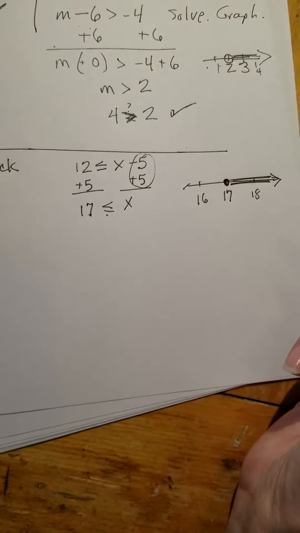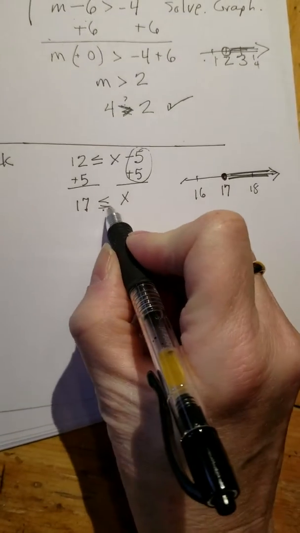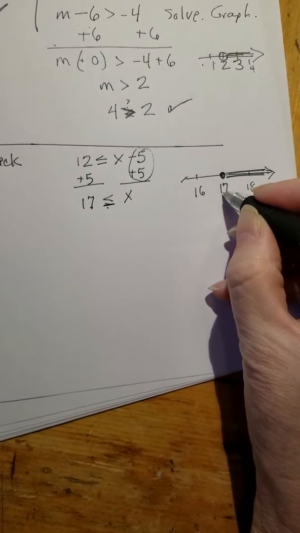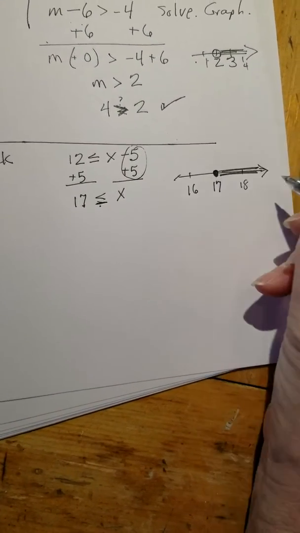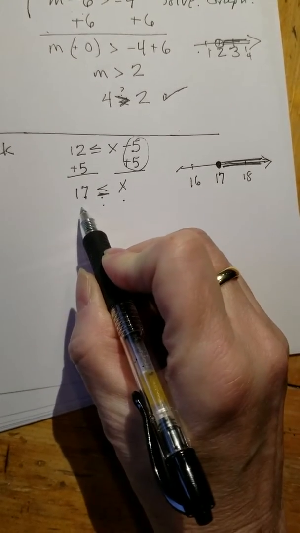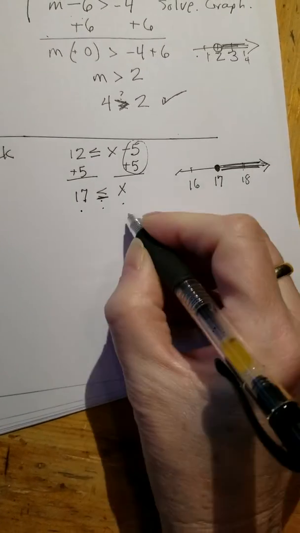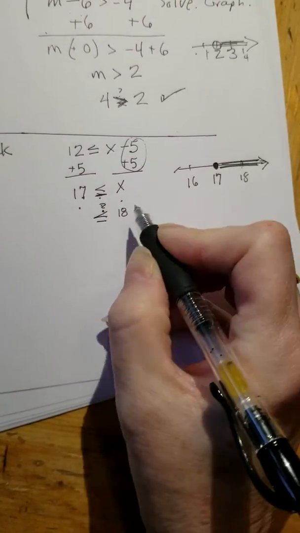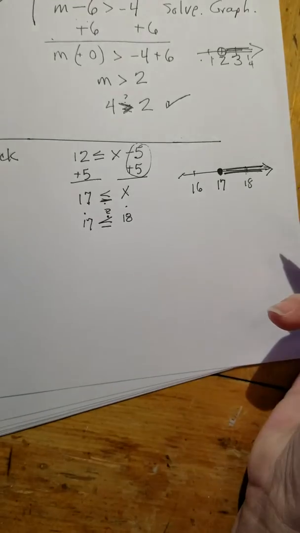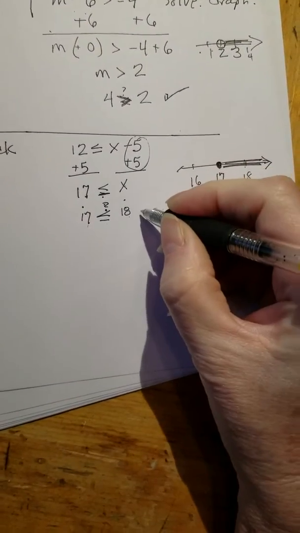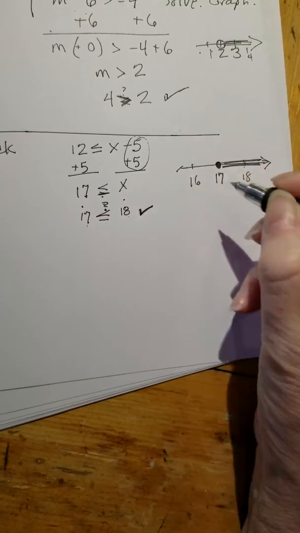They substitute the equal part and then they substitute for the greater than part. If I substitute 17, because this is closed in, 17 is in fact equal to 17. I'm going to go with 18 and say, is 18 greater than or equal to 17? Is 17 less than or equal to 18? Is it? Yes, it is.